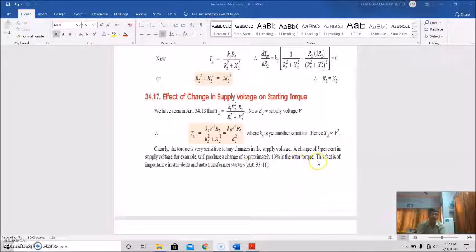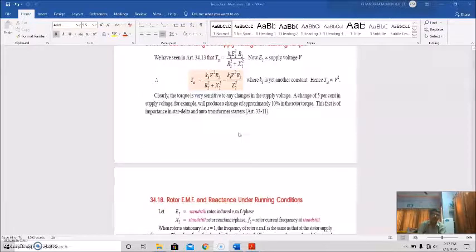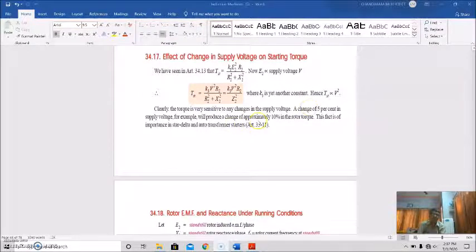This fact is of importance in star-delta and auto-transformer starters of the induction motor. So the starting torque is very sensitive to supply voltage, and any 5% change in supply voltage will approximately produce a 10% change in the rotor torque.